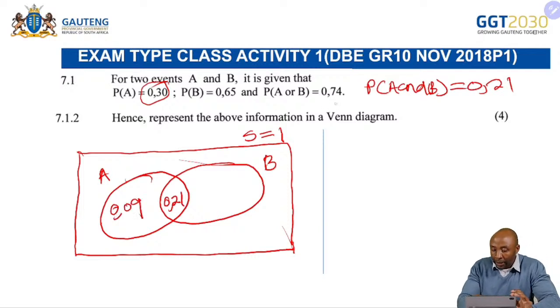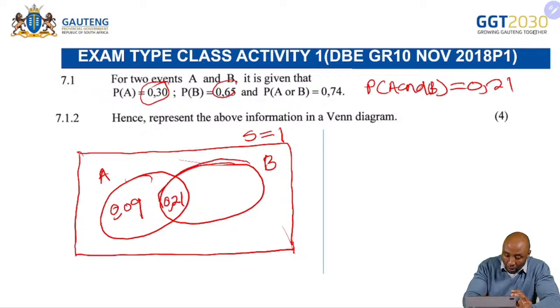And the probability of B only must give me 0.65, which is the probability of the whole event B. It's 0.65, and I subtract 0.21, and that should give me 0.44.